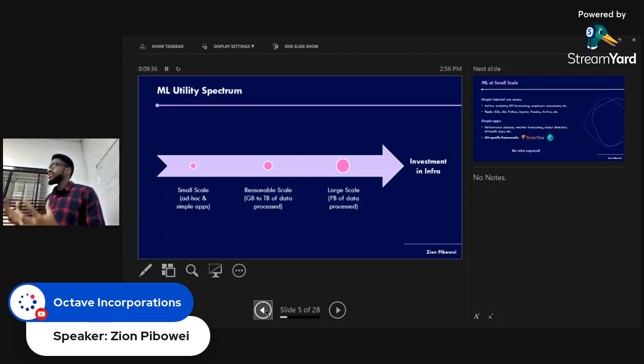By the time you get to reasonable scale, we have to set up infrastructure and start thinking about costs. We have to make sure that Amazon does not wreck our budget and send us back to the village. When you talk about large scale, these companies operate data centers across the world, and the investment in data and machine learning infrastructure is in billions. They can throw that money into those projects because they have what it takes. I don't know if we're following. Are you guys with me?